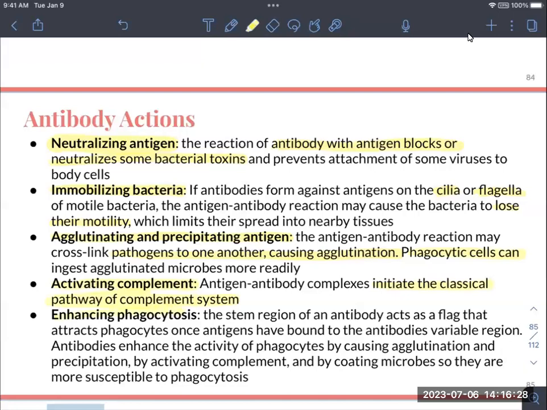And then we have enhancing phagocytosis. This is where that region on the antibody acts as a flag that causes phagocytes to come in. Once the antigen is bound to the antibody, the antibodies enhance the activity of the phagocytes, ingesting them, coating them, whatever it takes, so these phagocytes can come in and completely ingest and break them down.